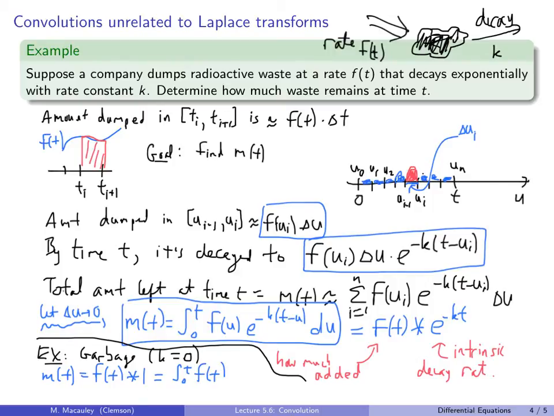What about if instead of an intrinsic decay rate, you have an intrinsic growth rate? I really am running out of room here. Let me make a little more space. Suppose you have an investment, and you are adding to your portfolio at some rate f of t, and your portfolio is growing at some intrinsic growth rate.